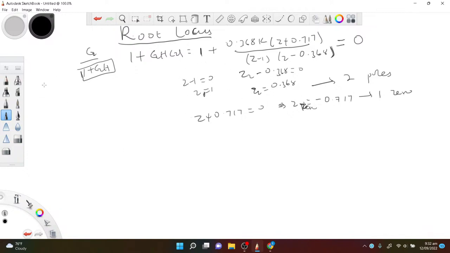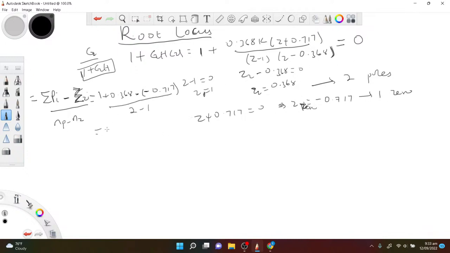Now the next thing you find, from classical, is the asymptote or centroid, however you call it. It is given as the sum of all poles minus the sum of all zeros, all over the number of poles minus the number of zeros, which is 1 plus 0.368 minus negative 0.717, all over 2 minus 1, because the number of poles is 2 and the number of zeros is 1.